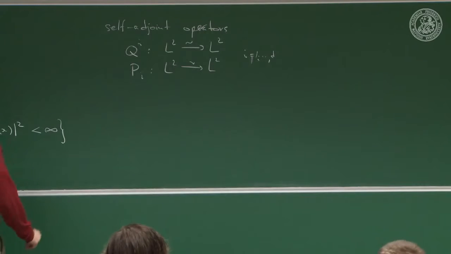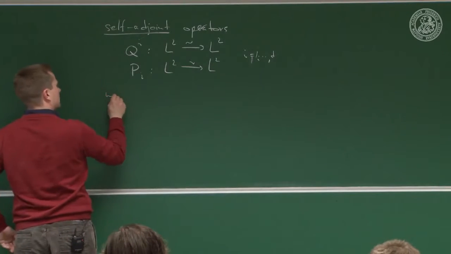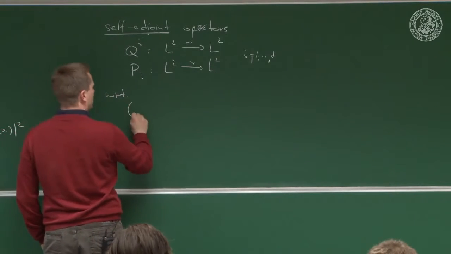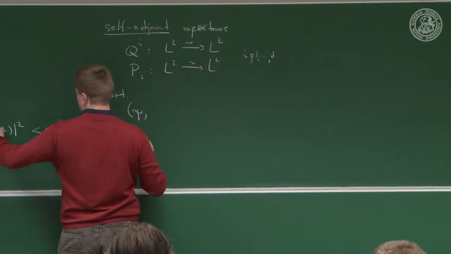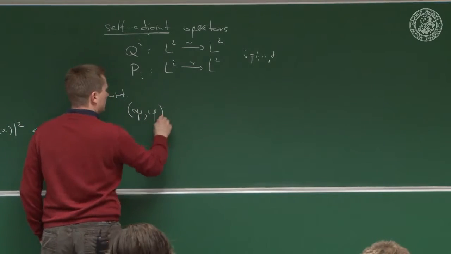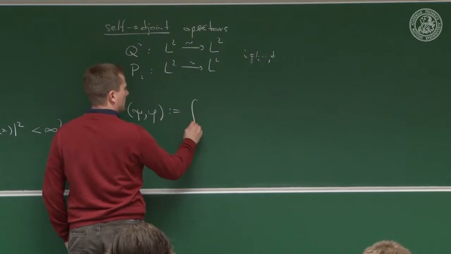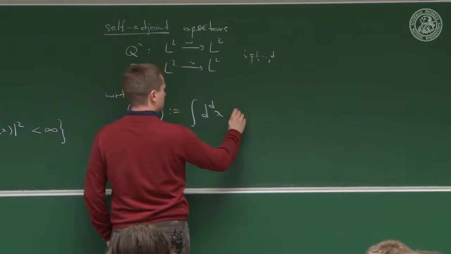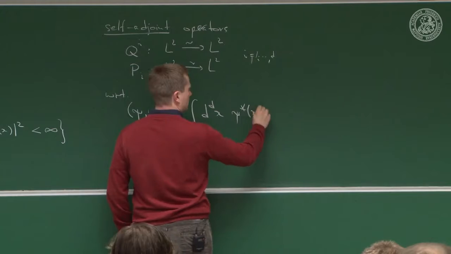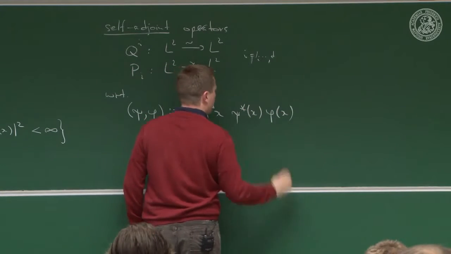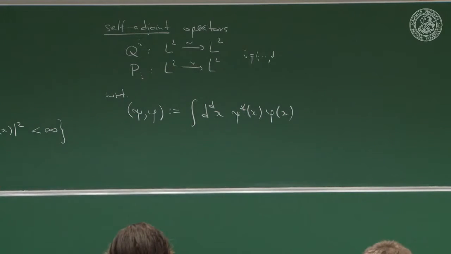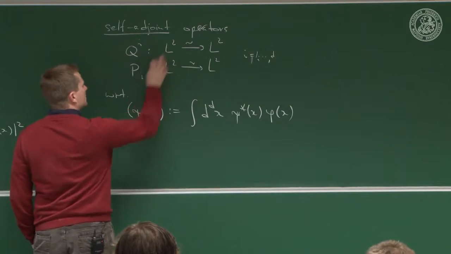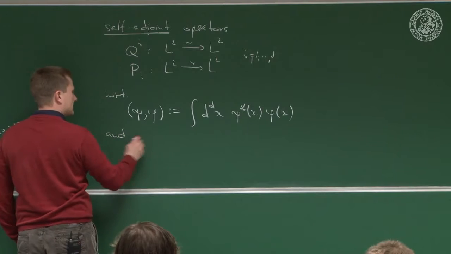And they're supposed to be self-adjoint with respect to an inner product, which in a sense I already used here: phi comma psi is the integral d^d x psi star of x phi of x.